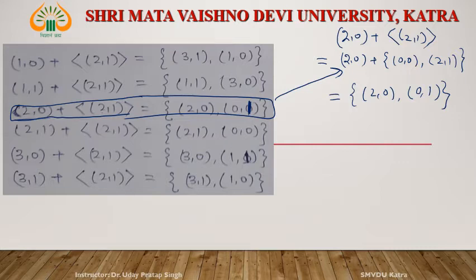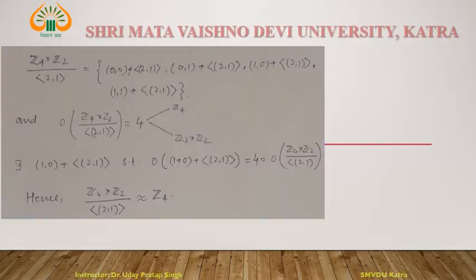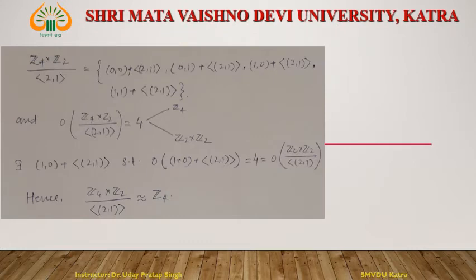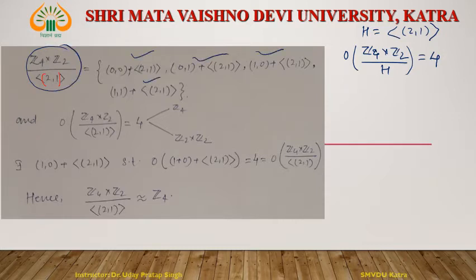Now see, Z4 cross Z2 by H is equal to these four elements: (0, 0) plus H, (0, 1) plus H, (1, 0) plus H, (1, 1) plus H. Remember that H is this, generated by (2, 1). Then the order of Z4 cross Z2 by H is 4, only 4 elements.